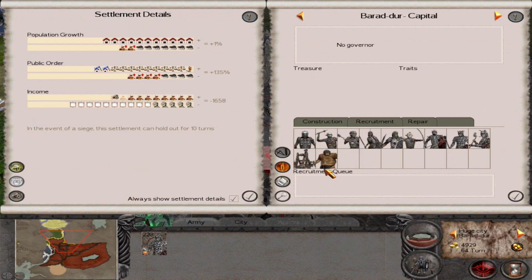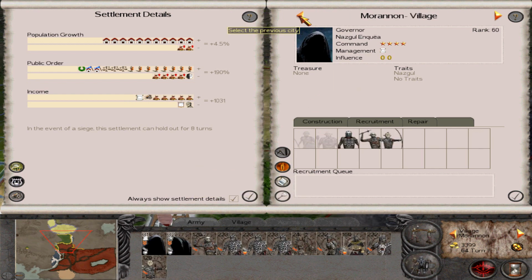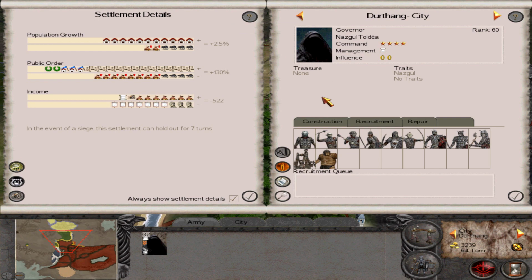So you can recruit troops. I think we'll go for some trolls. Here we can recruit hill trolls in Barad-dûr, so we'll do that. We can get an orc catapult in Minas Morgul. Pit guards in Moranon. In Durthang we can go for the hill trolls.